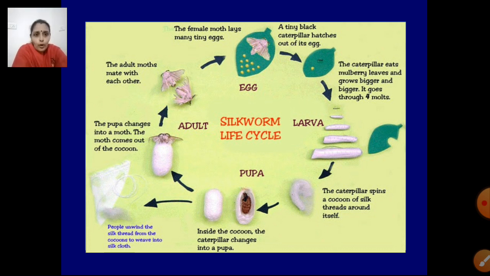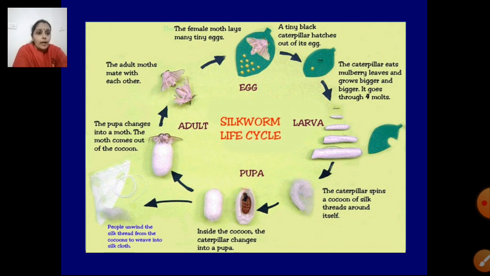And adult moth lays eggs. Yes, from these eggs, caterpillars come out. These caterpillars feed on mulberry leaves. They eat the mulberry leaves and they grow bigger and bigger in size, almost 3 to 4 times bigger than their size. And when they have grown bigger, they stop eating and they rest. When we rest, children, when we are sleeping, we cover ourselves with a bed sheet or a blanket, right?